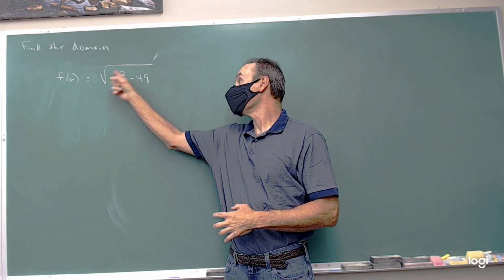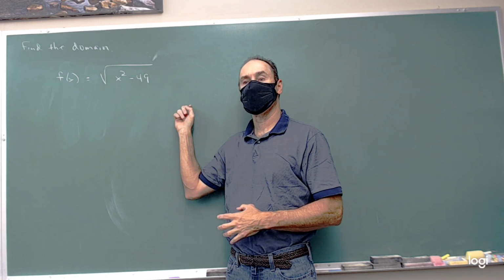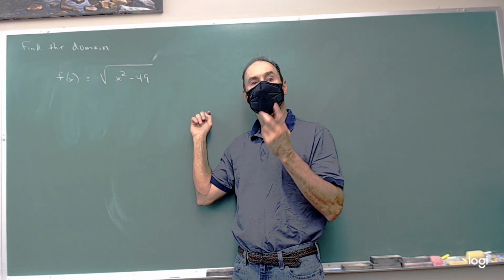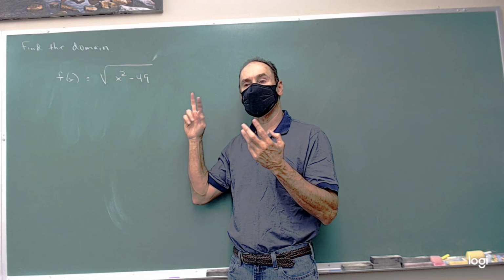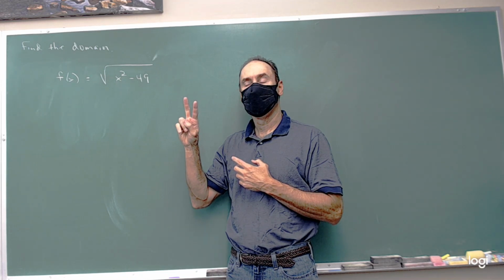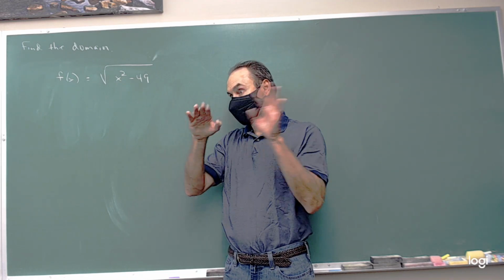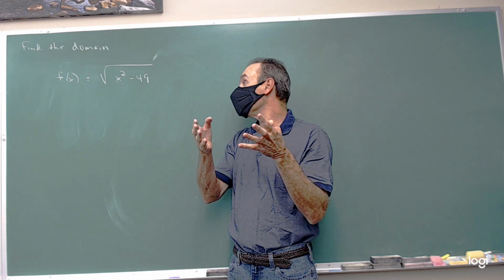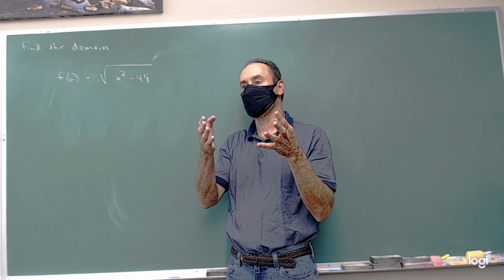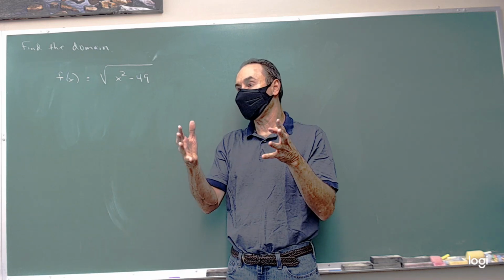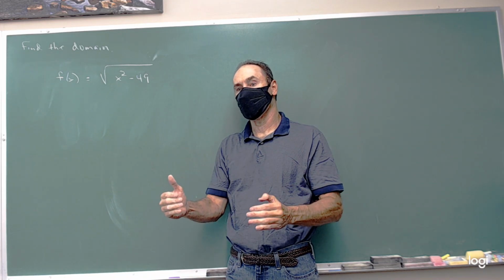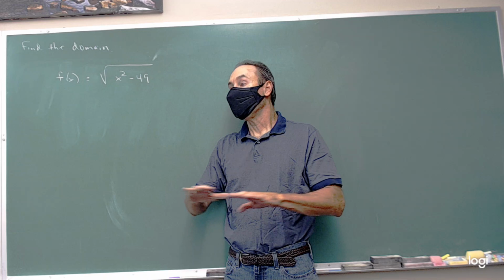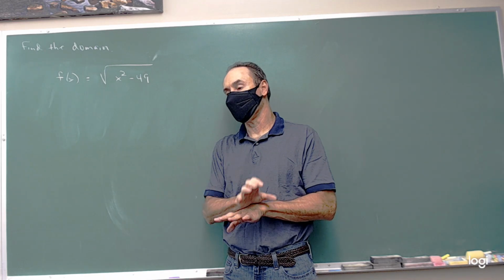So like the earlier radical one, whatever's inside here has got to be greater than or equal to 0. Now, the next two things are important. What's the next step we're going to do? Factor it. Exactly. Not just add the 49 to the other side of the greater than or equal to sign. Once you factored it, then the next big step is what are we going to do? You have to do the number line and analyze the sign on the number line.